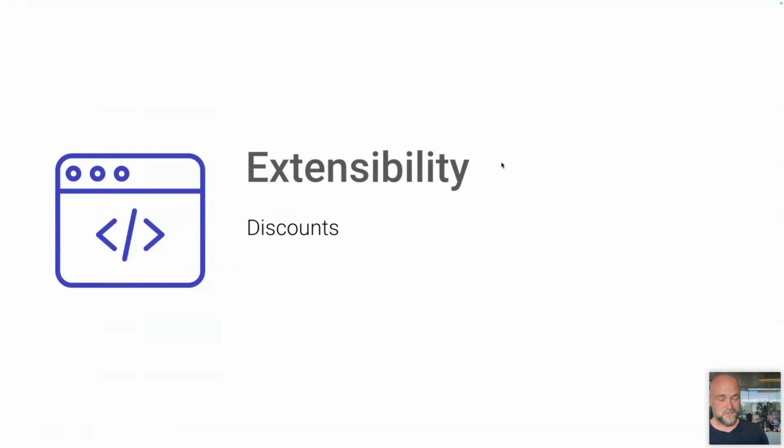This is something that's also, when the developers on the product team showed me this, I was blown away, to be honest. They did an amazing job on this, and I think you're really going to like what I'll show you. The idea with discounts and extensibility is that discounts have always been notoriously difficult to create a catch-all that works for everybody, because lots of companies have their own little idea of how some discounts should work.